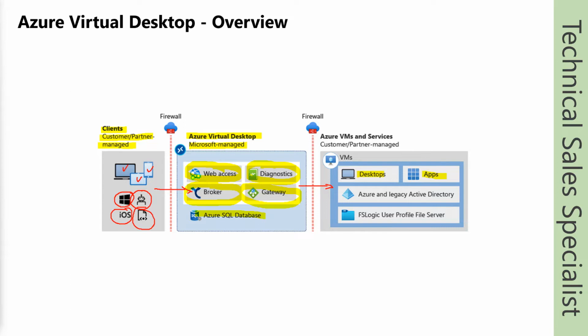We can provide dedicated Windows client desktops like we expect in a VDI scenario. We can provide Windows 10, Windows 11, and we can use an Azure-only exclusive feature: Windows 10 and Windows 11 multi-session, or multi-user.